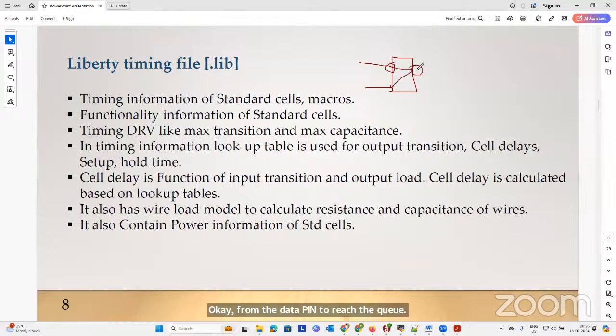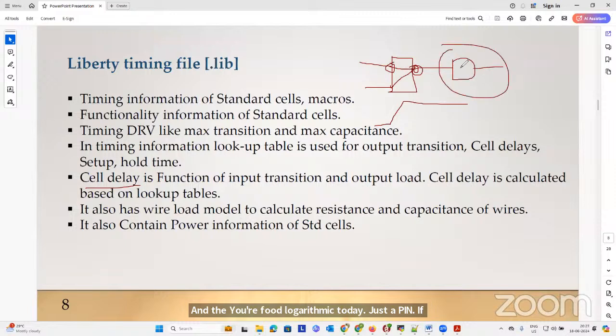That is called cell delay. It is calculated based on the input transition and the output load connected. The output load connected may be just a pin. If you are connecting any logic, then that will be the load.